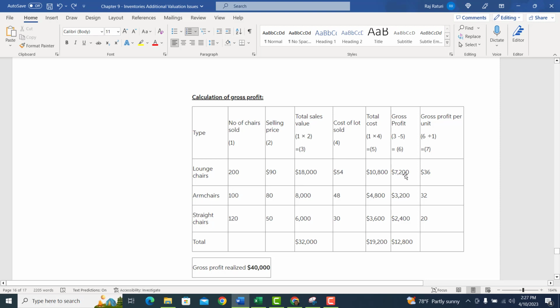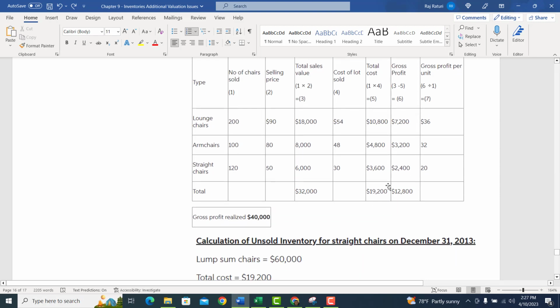And then we can get our gross profit by subtracting the cost of goods sold again. You take your sales minus the cost of goods sold, and then you get your gross profit.